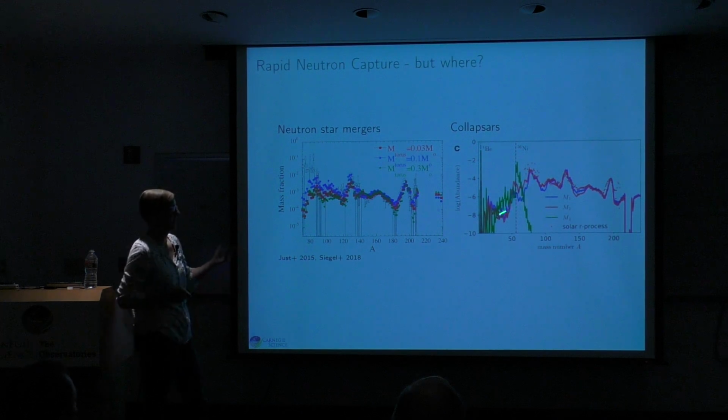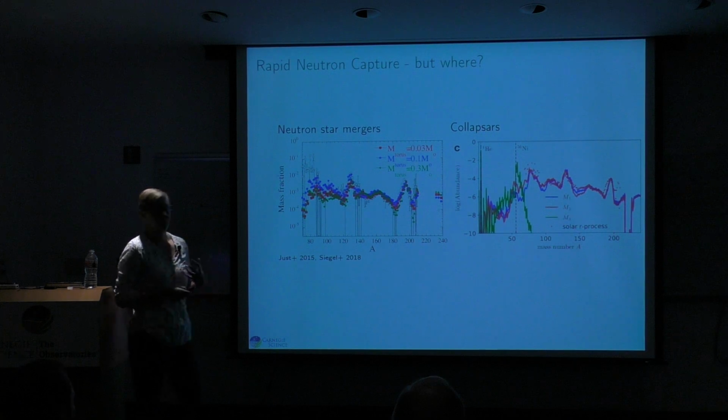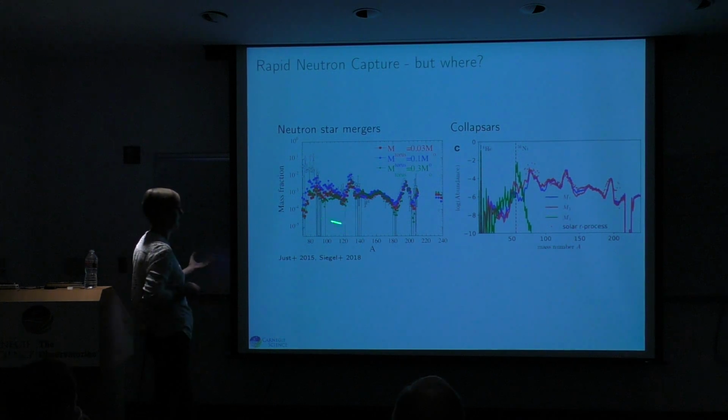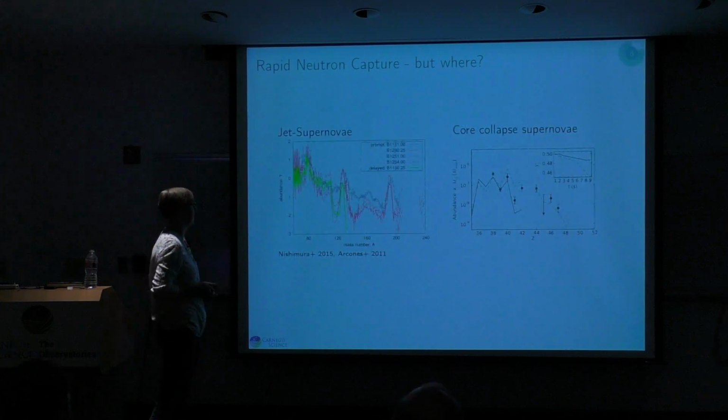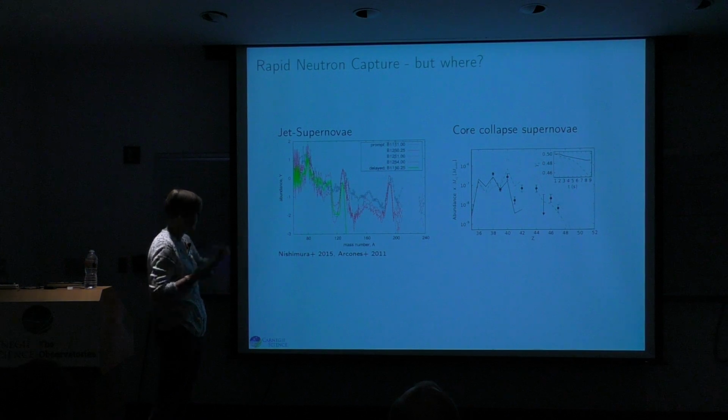And these might be very efficient in producing these elements and might spit out up to one solar mass per event, whereas these spit out much less. But we also have other contenders. We have the fast-rotating supernovae that have some jets where you can have an r-process, which is shown in 15.